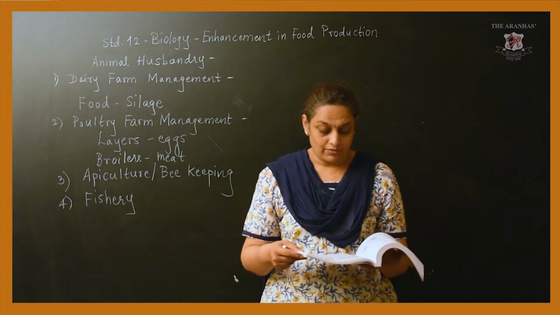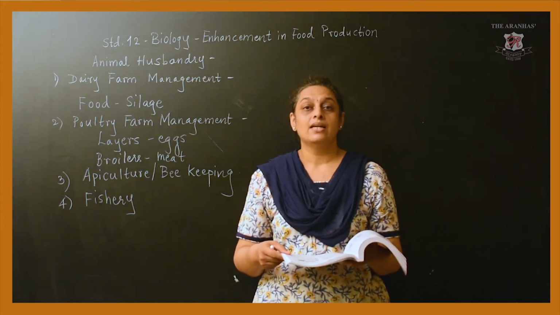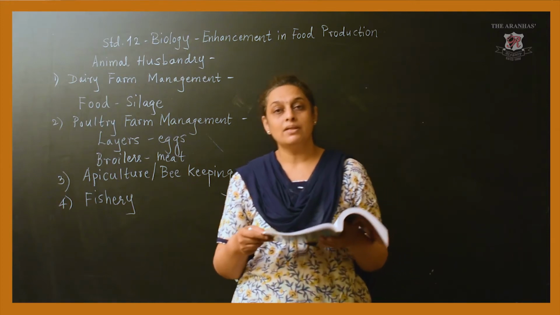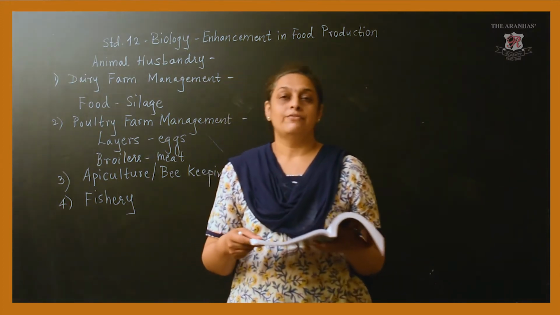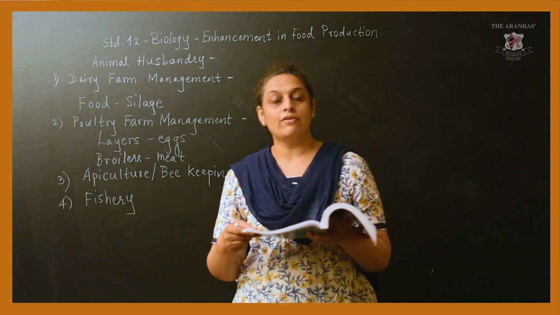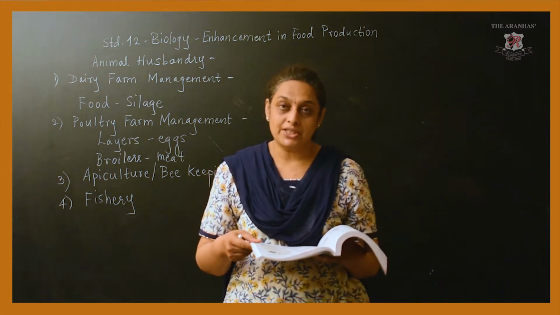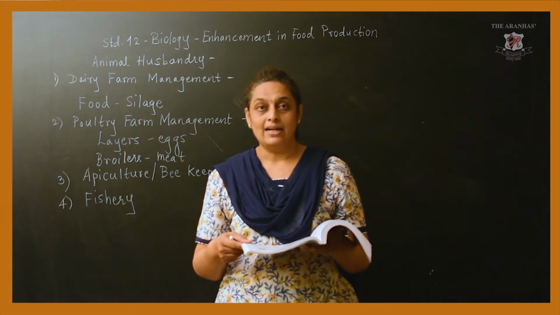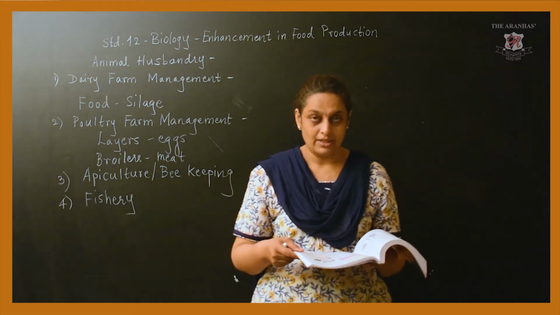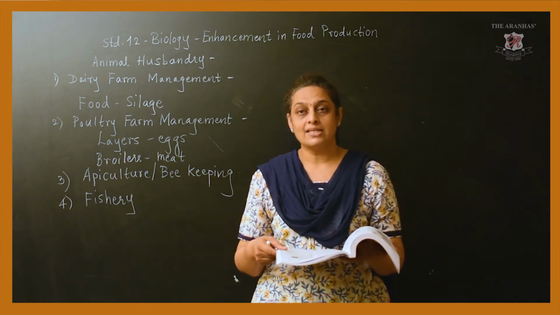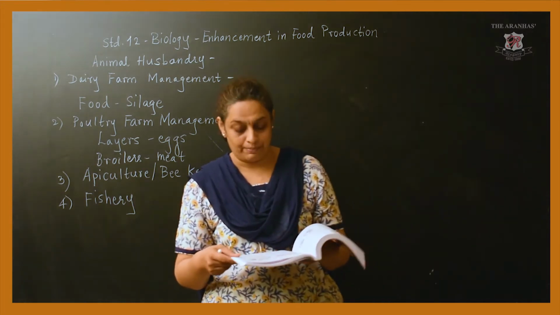Also, in case of fishery, fishes are collected from say freshwater, estuary or from seawater, but their storage needs to be done. And for this storage, which avoids spoilage of fishes, there are some methods which are practiced.